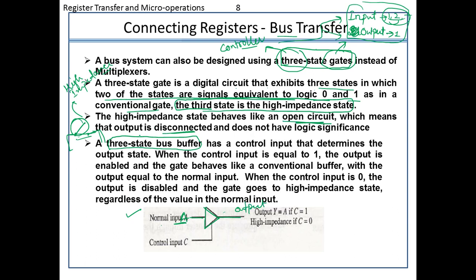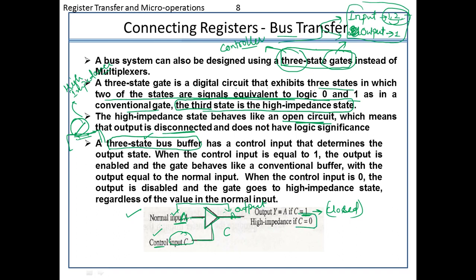But what we are doing in the case of the three-state buffer is that we are using a third input, which is the control input with the name C. So what this C is doing is that the entire flow of this input towards the output is now dependent on this control input. If the value of C is equal to 1, meaning the circuit is closed, if I say the key is actually closed, only in that case will this input A be transferred here as an output.